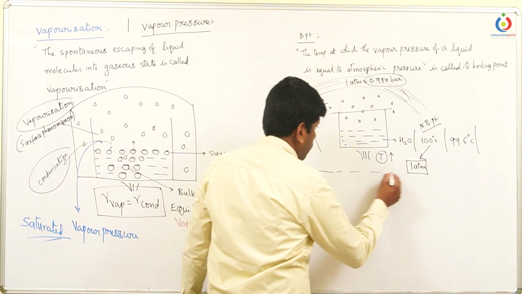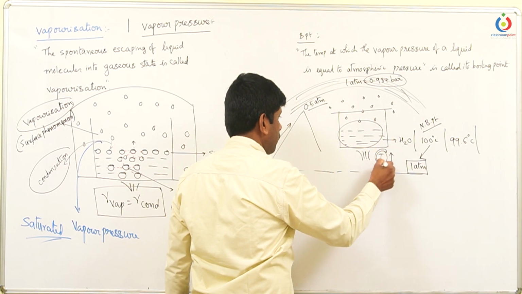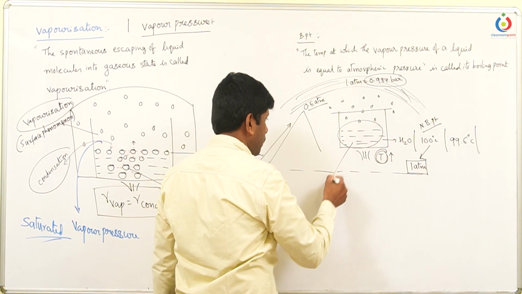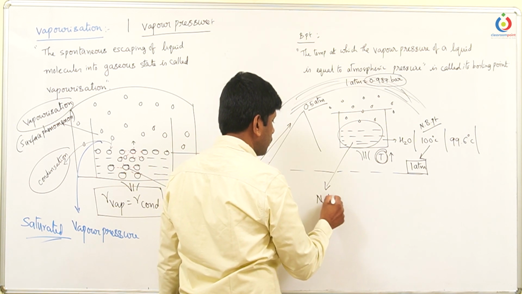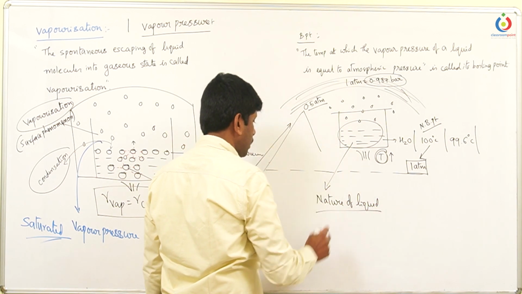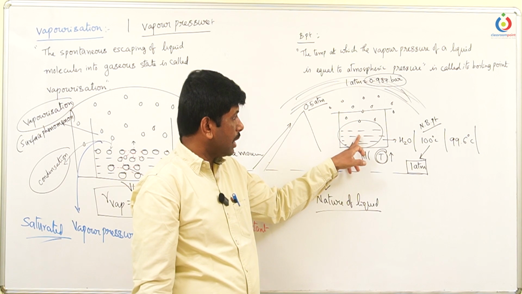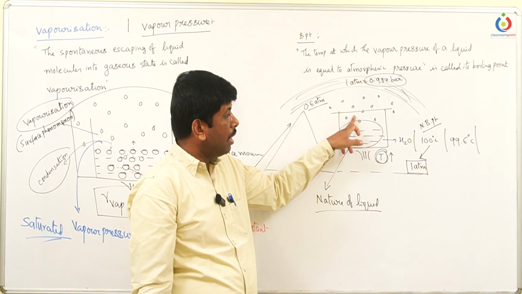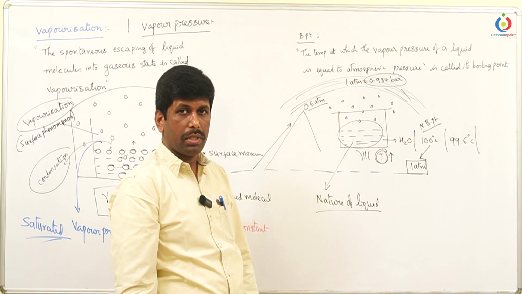Now we can look at what types of liquids have different boiling points. The boiling point depends upon the nature of the liquid. Volatile liquids can form vapor very easily, and their vapor pressure can easily become equal to the atmospheric pressure.